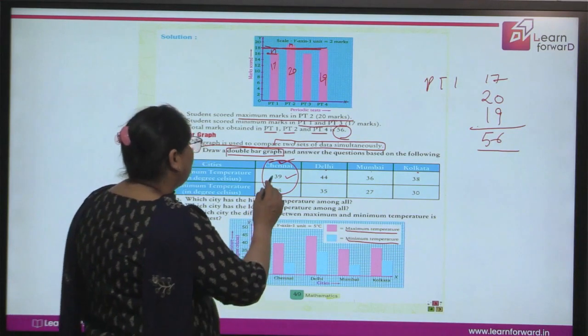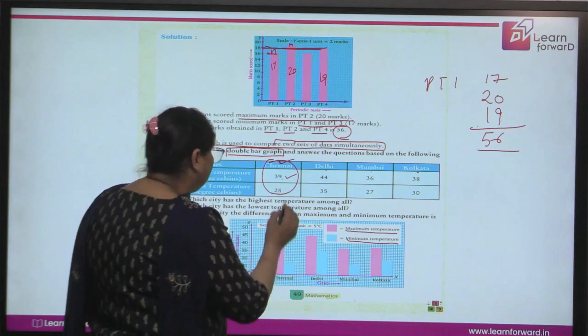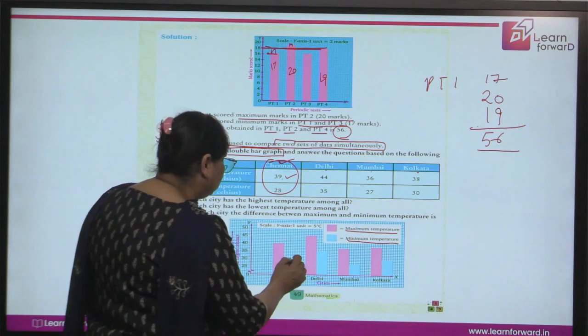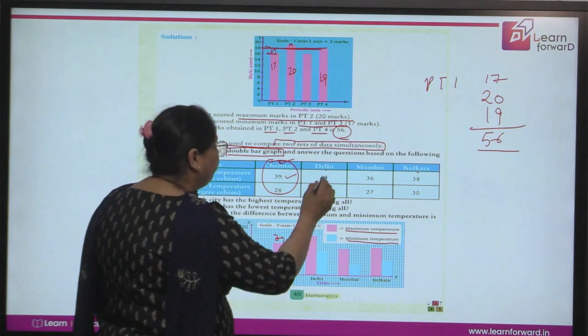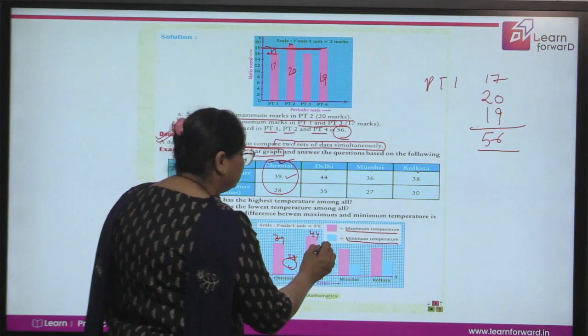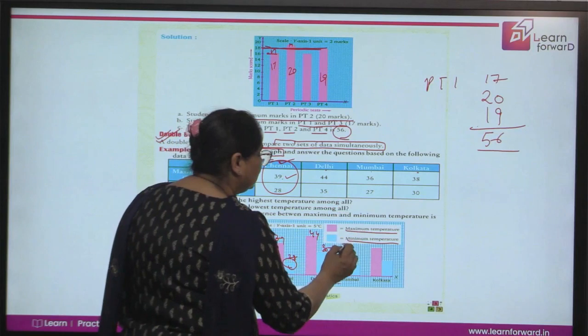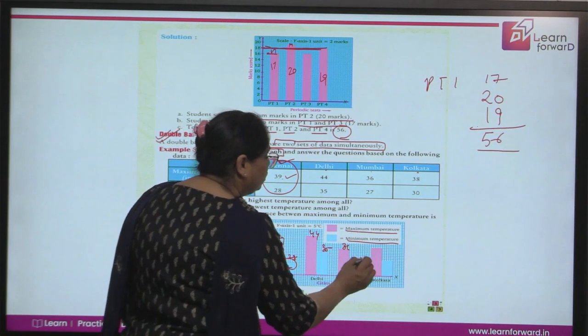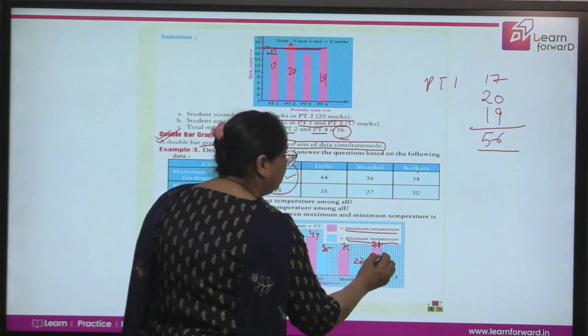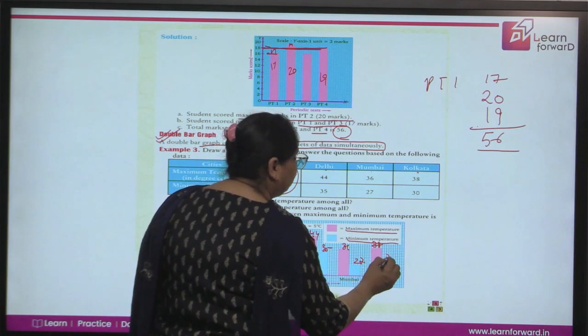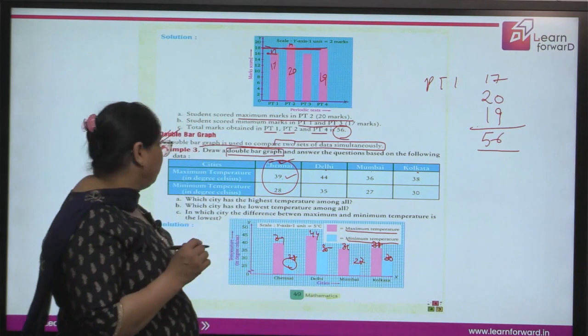Chennai: 39 is the maximum temperature and 28 the minimum. For Delhi, this is 44 and this is 35. For Mumbai, 36 and 27. Last one, Kolkata, is 38 maximum temperature and 30 minimum temperature.